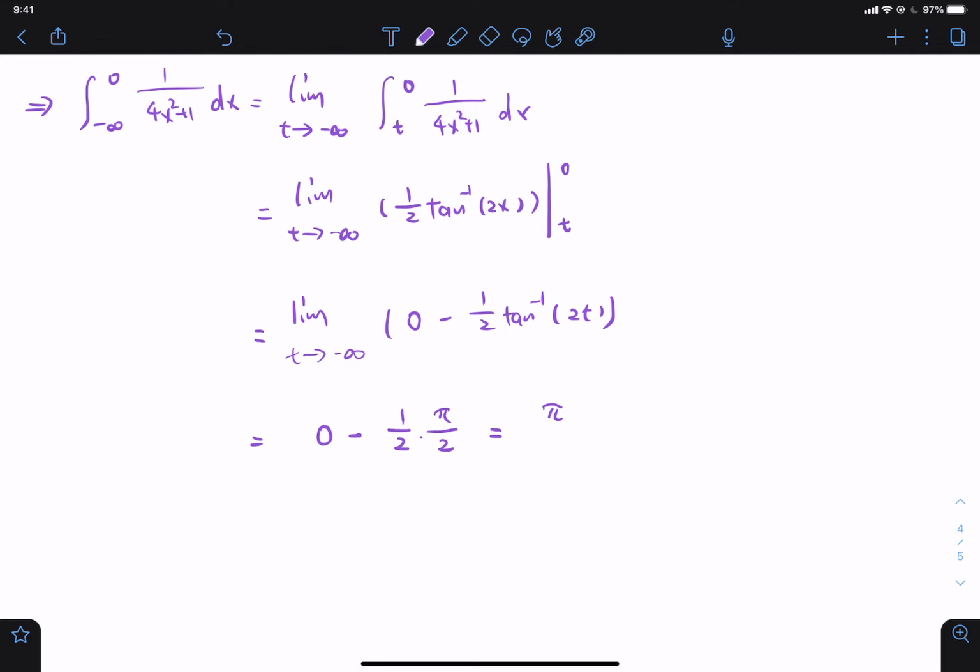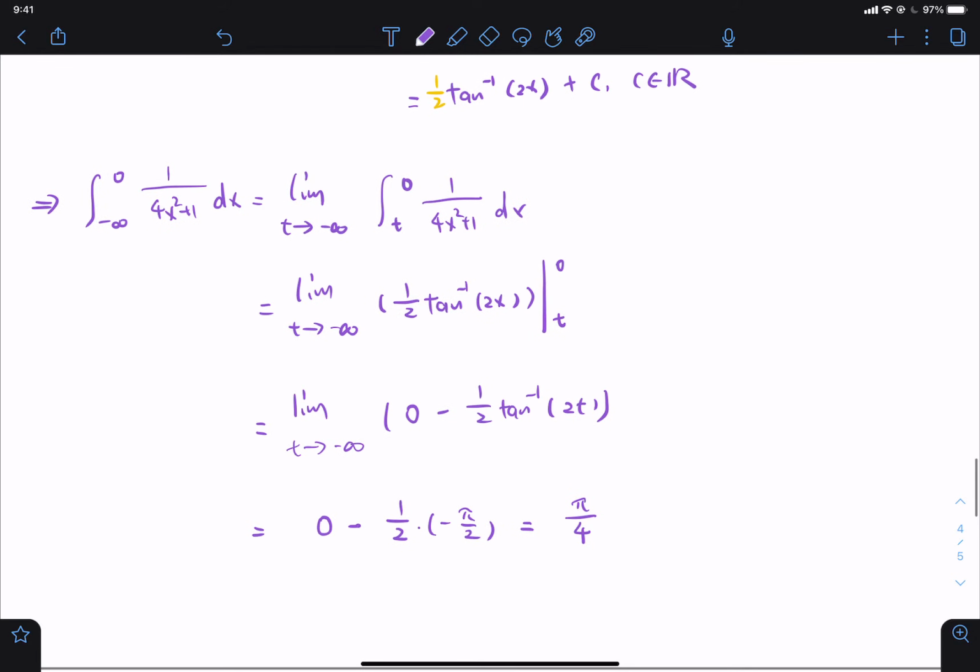Fix that: this is the negative of that one, 1 over 2 times negative 1 over 2 pi. Then it becomes the negative of negative 1 over 4 pi, which is positive 1 over 4 pi.